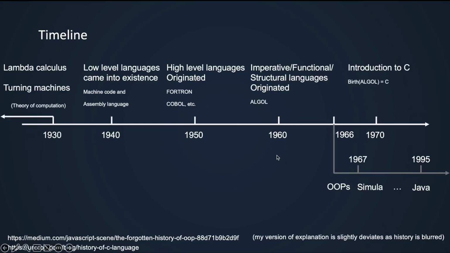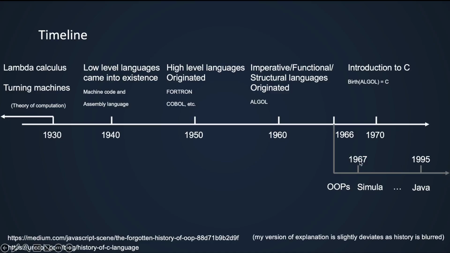In 1960, these concepts for structured programming languages came into existence. In 1966, the concepts of OOPS were introduced. He developed a software called Sketchbook based on the OOPS concepts.